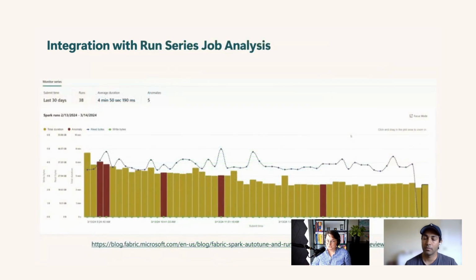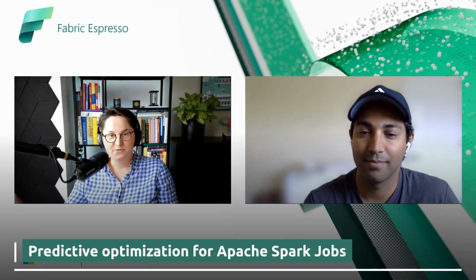Then we have also added the integration with Run Series Job Analysis. The episode has been published a few weeks ago on our YouTube channel. Now I'm just mentioning that for your jobs, you should see the pattern that the execution time is going down thanks to the integration with Run Series Job Analysis. And that's all what we prepared for today.